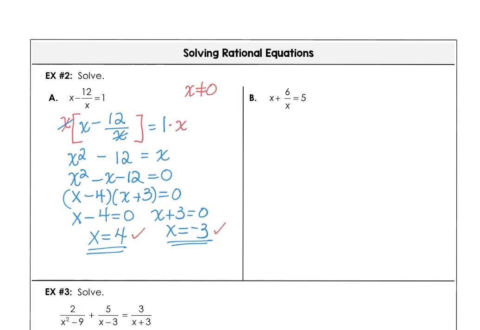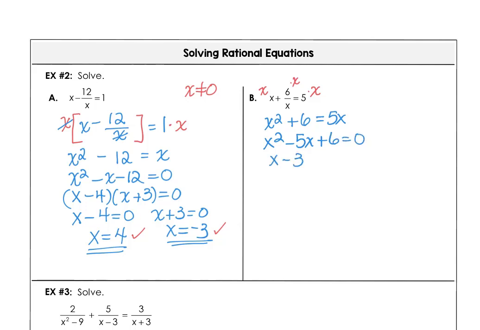Part B is the same way. If we multiply through by x on each term, x here, and x here, we'll clear that fraction. So x squared plus 6 equals 5x, then x squared minus 5x plus 6 equals 0.